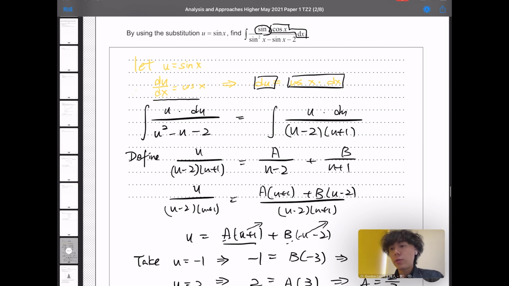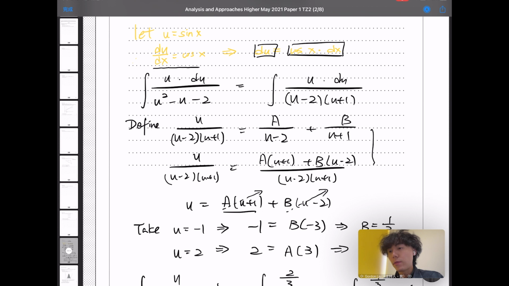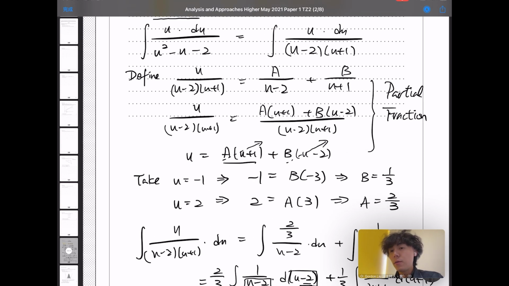The second trick comes here, the partial fraction process, which is very essential. You need partial fraction to finish the integration of the rational function. So we factorize it and then we define it, and then we apply a very special trick here.